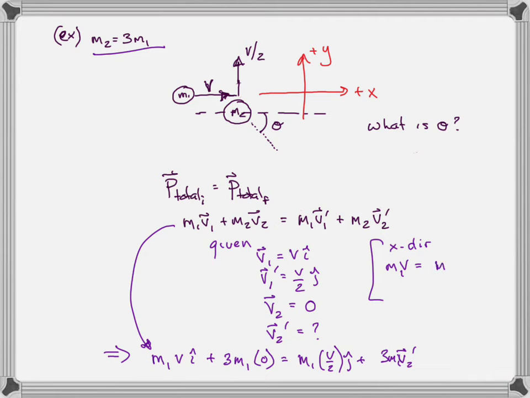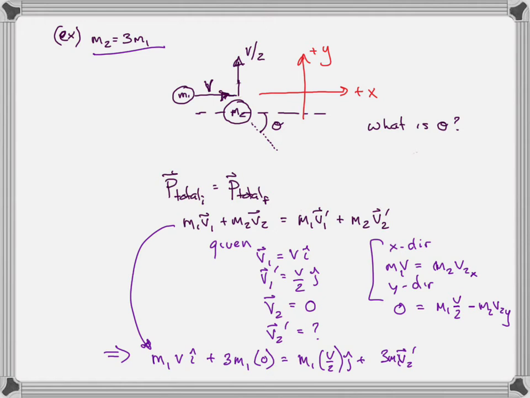And in the y direction, the initial is 0, and the final is m1 v over 2 minus m2 v2y. So we can definitely separate it into the x and y directions.